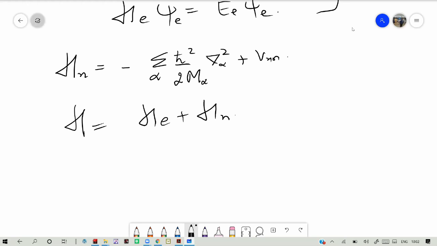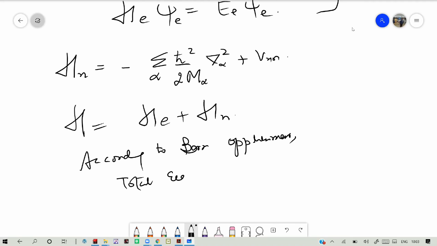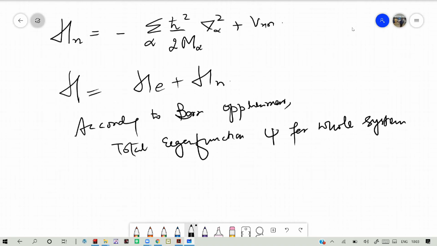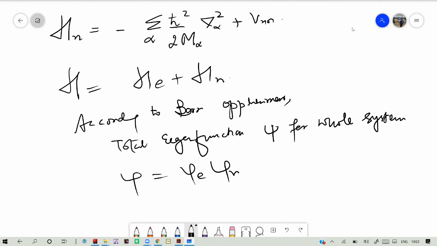The assumption is that the total eigenfunction psi for the whole system, meaning the molecule, is equal to psi e times psi n.